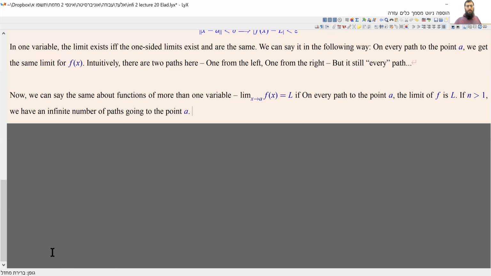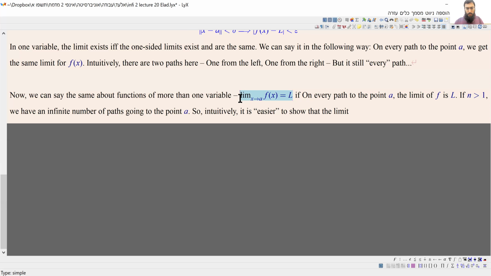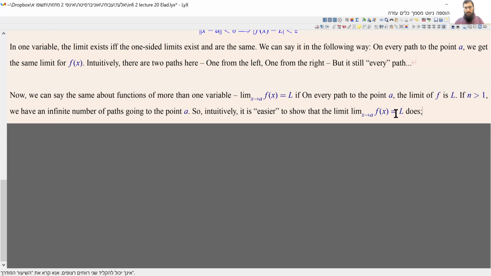So intuitively, it is easier to show that the limit of x to L does not exist from all this infinite number of paths.